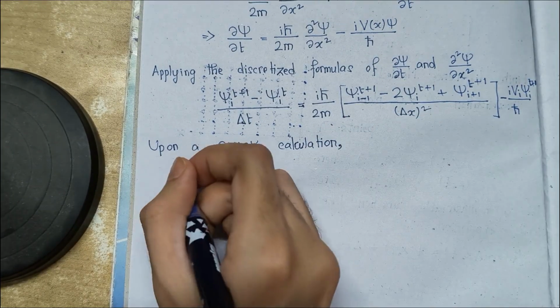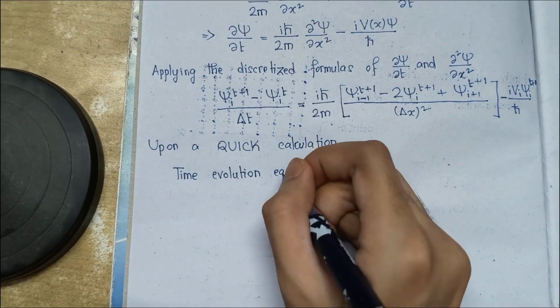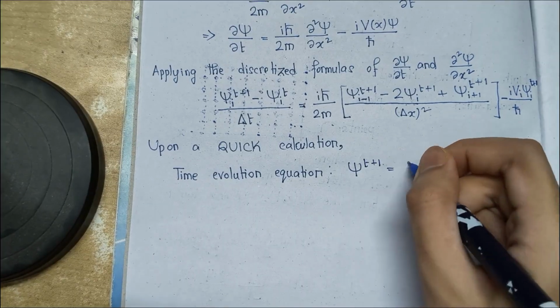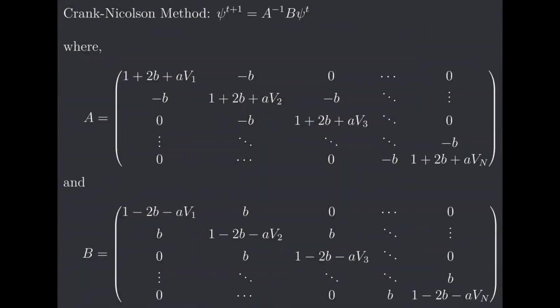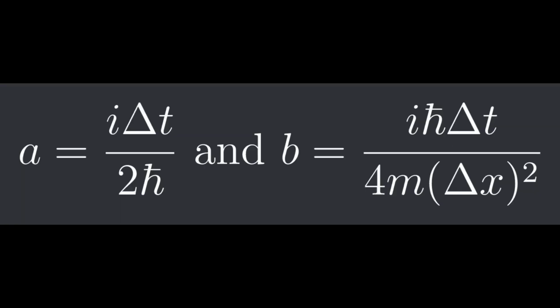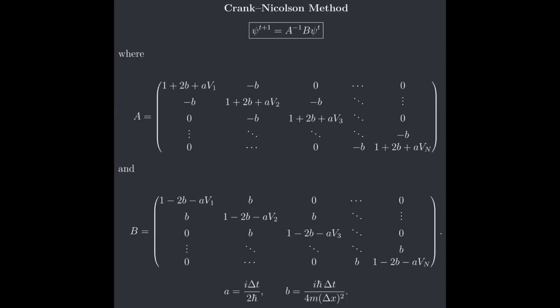The time evolution of a wave function can be written in a matrix equation. Psi of t plus 1 is equal to A inverse B psi t, where A and B are the matrices shown. Small letters a and b are equal to i dt by 2 h bar and i h bar dt over 4m dx whole squared, respectively. This numerical method for solving PDEs is known as the Crank-Nicolson method.